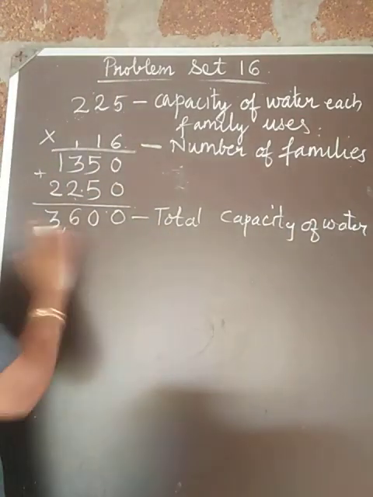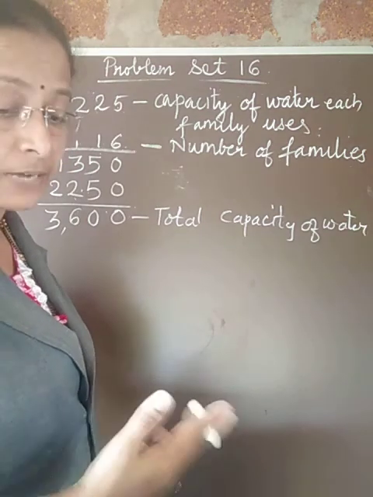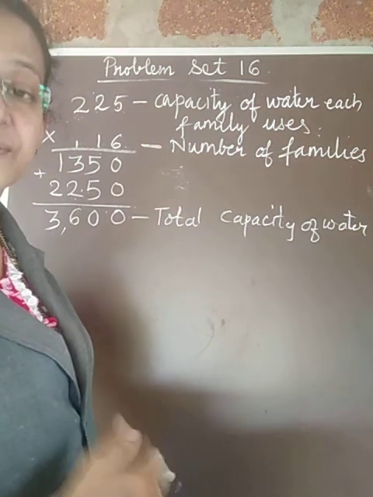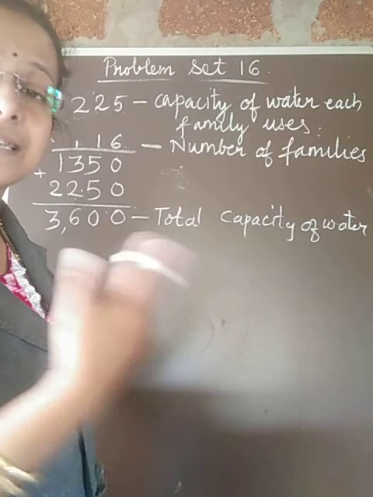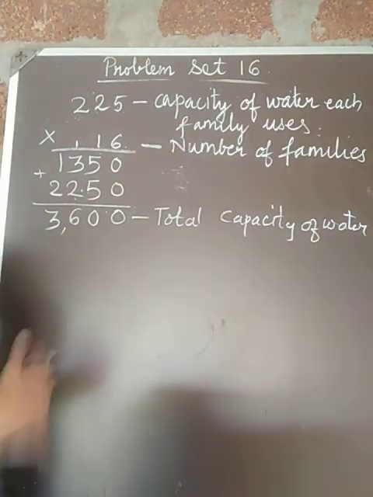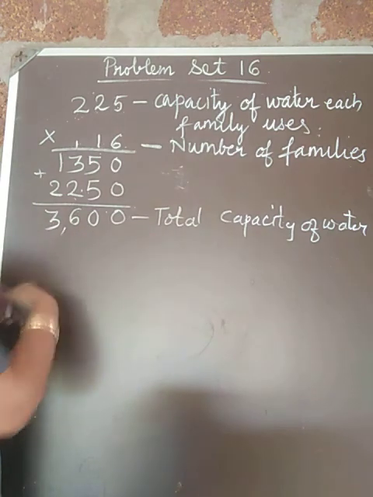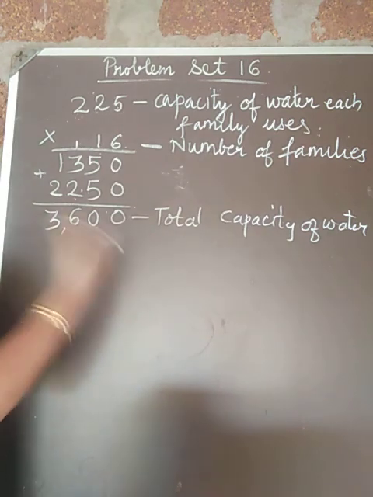Fine, students. Now if you see, 3600 is more as compared to 3000. So that means they are falling short, correct? Yes, because 3000 is a lesser amount and they require how much more? Around 600. So how do we get that 600? By subtracting 3000 from 3600, we will come to know that the answer is 600.